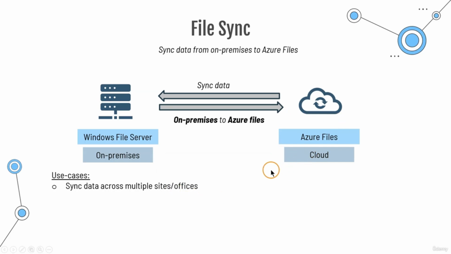Another option could be that we want to reduce the amount of data that is needed for backup. So we use this file sync in the cloud as some kind of data backup for our on-premise file servers. So for disaster recovery, we can go back to the cloud if some of our devices on-premise are crashing.